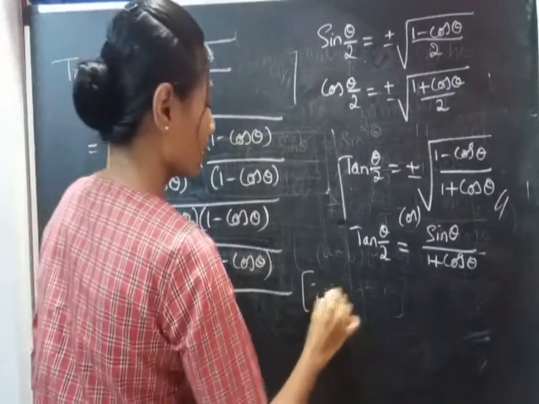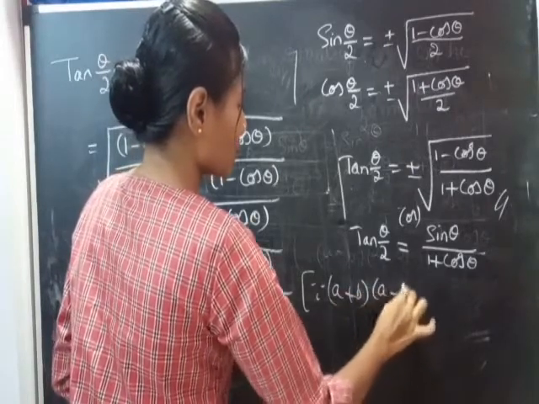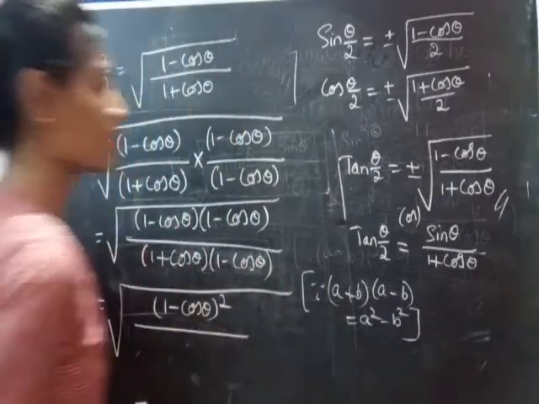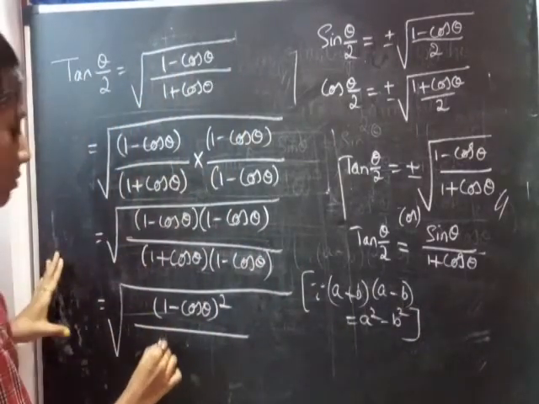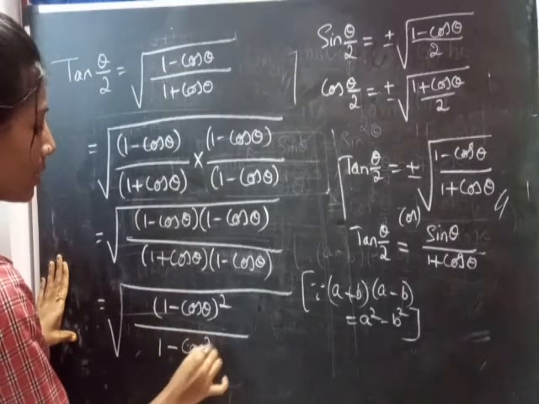We know that (a plus b) into (a minus b) is equal to a square minus b square. So this equals 1 square minus cos square theta.